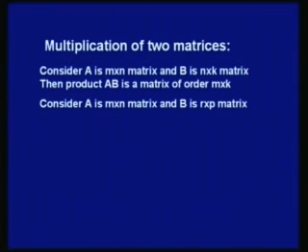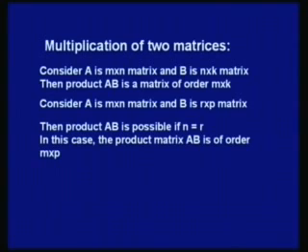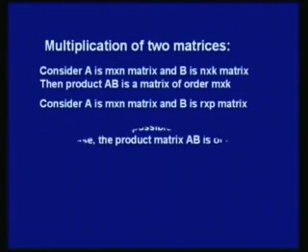Like, consider A is an m by n matrix and B is an r by p matrix, then the product AB is possible if n is equal to r. The column size of the A matrix must be the same as the row size of the B matrix. So this product is possible only when n is equal to r.